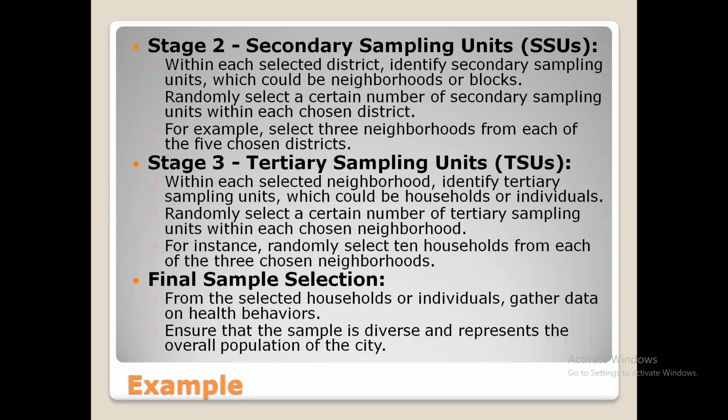Then when you get to Ikko, you can use any other sampling technique now, maybe systematic. Then you select a particular community. Then you now use that community to do your studies. You see, stage by stage, hence the name multi-stage sampling technique.